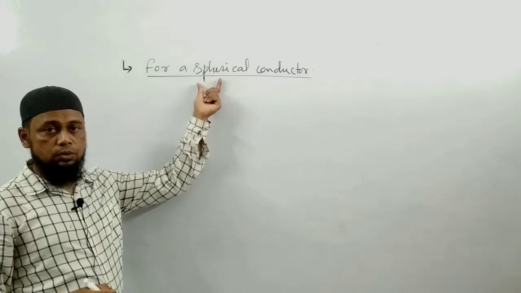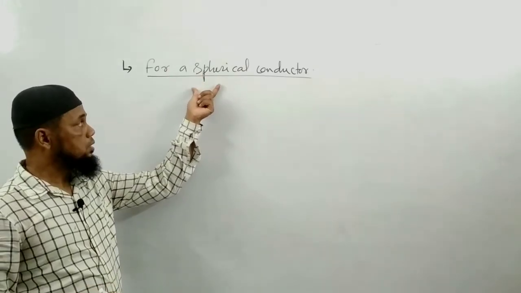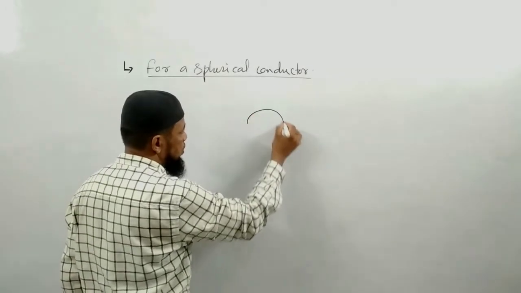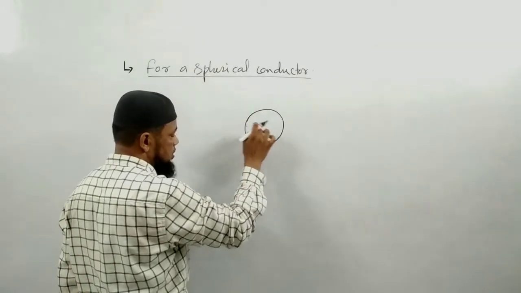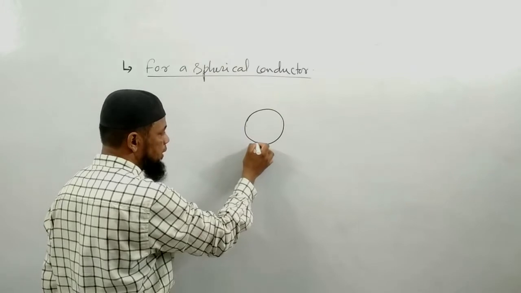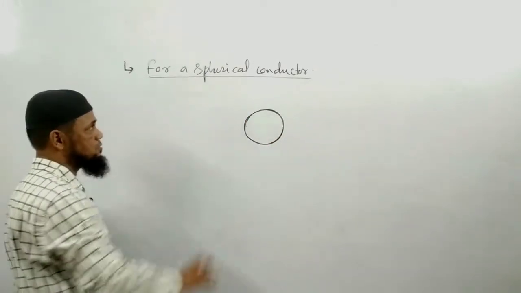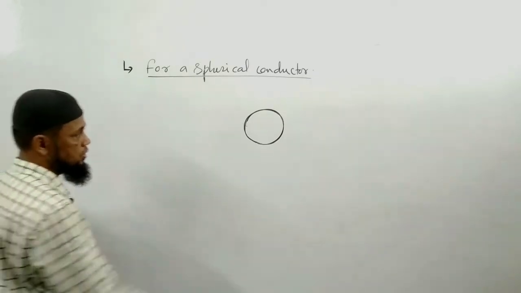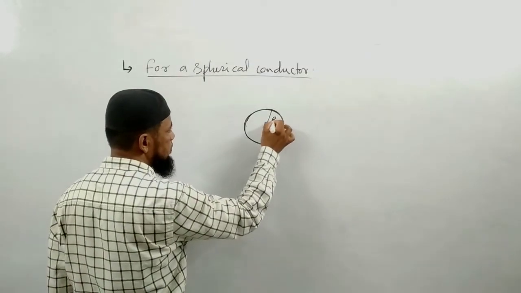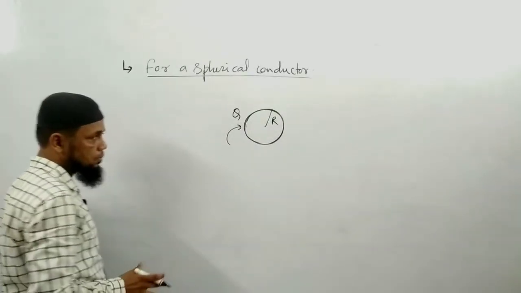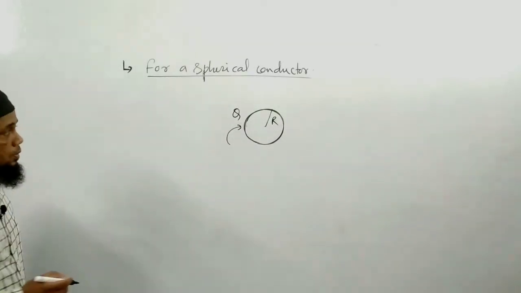Now let us find out the energy that can be stored on a spherical conductor, or I can call it a spherical capacitor made of one conductor. Better to say spherical conductor only, of radius r. A charge of q is given to this. How much energy will get stored here?